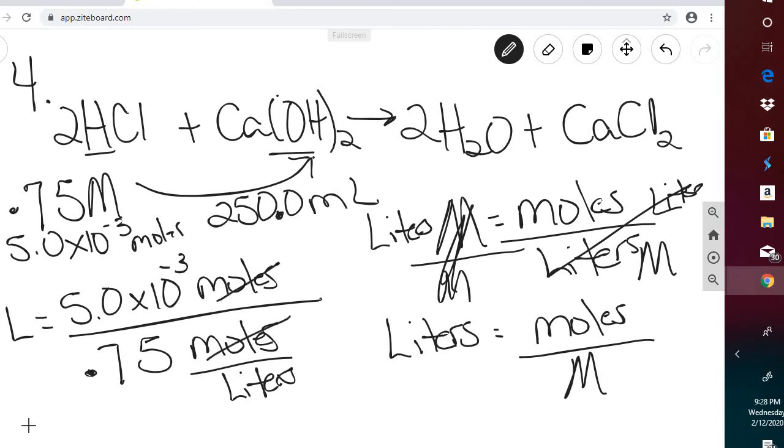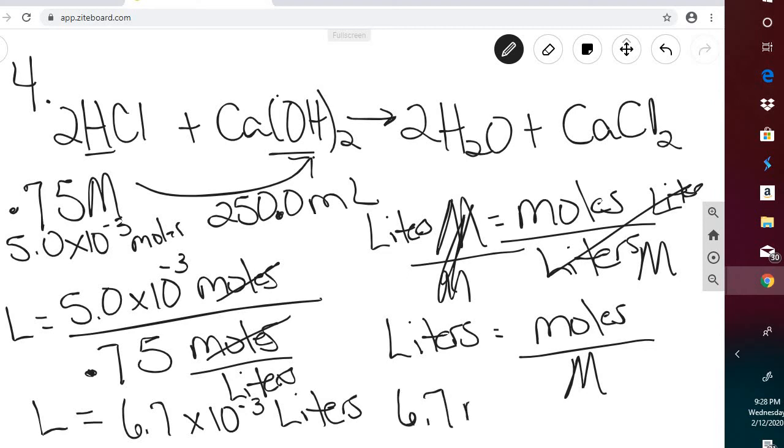And so moles are going to cancel, and you will be left with, with two significant figures, 6.7 times 10 to the negative 3 liters. And if you want to multiply that times 1,000, it will give you 6.7 milliliters.